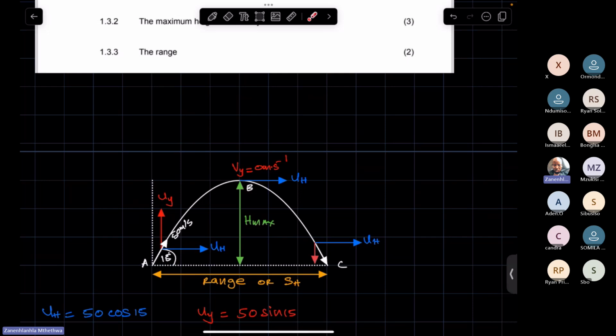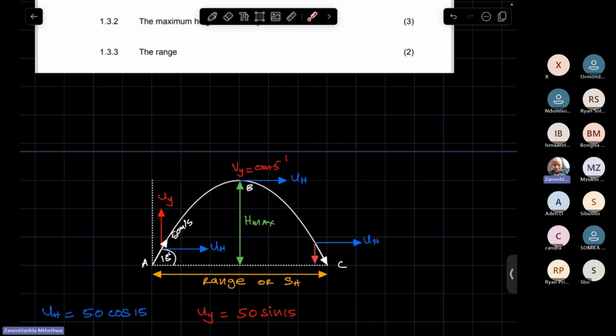The time it takes the cricket ball to move from A to B is the same time it takes the cricket ball to move from B to C, meaning that TAC is 2 times TAB. Are we clear? Yes, sir. The time it takes the ball to move from A to C is double the time it takes to move from A to B.